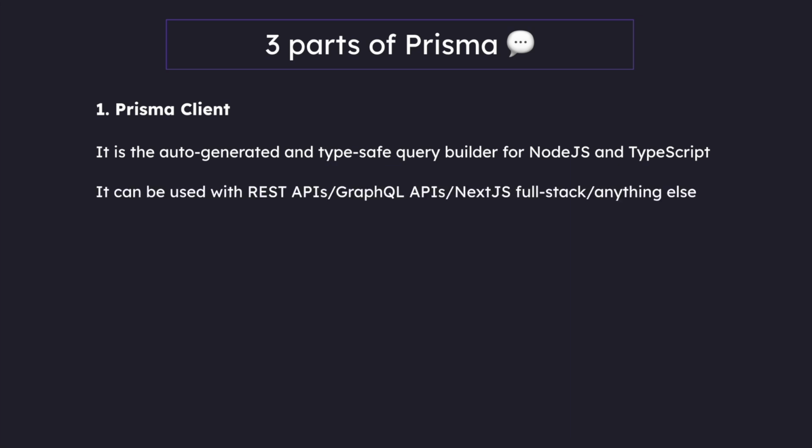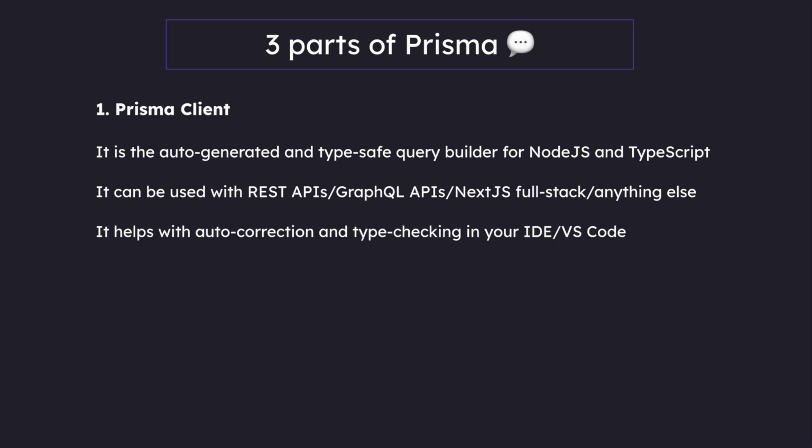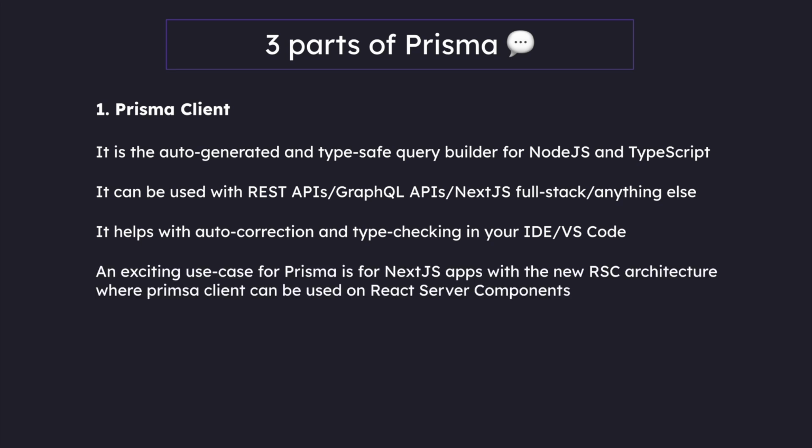It can be used with REST APIs, GraphQL APIs, or even Next.js full stack applications or anything else. It helps with auto-correction and type checking in your IDE. An exciting use case for Prisma is for Next.js apps with a new RSA architecture where Prisma Client can be used on React Server components.